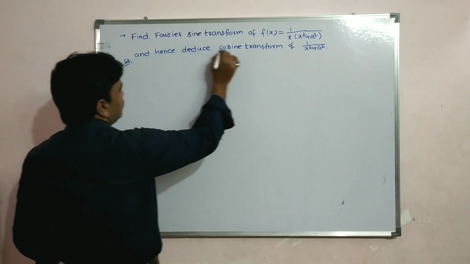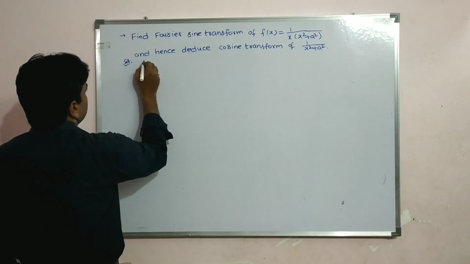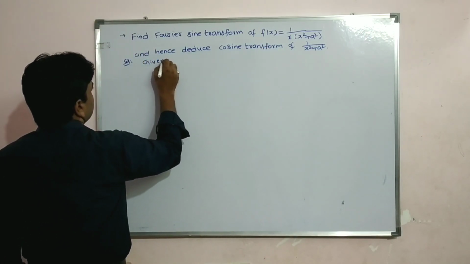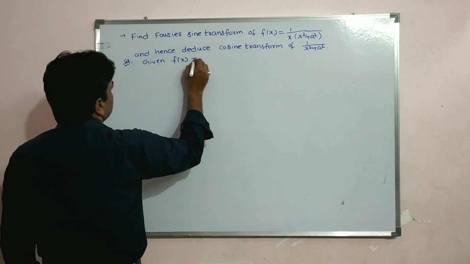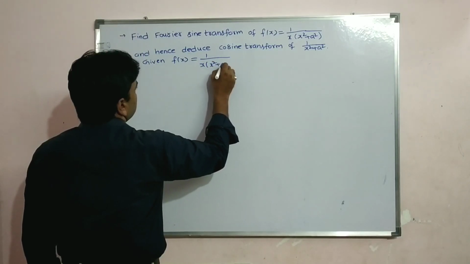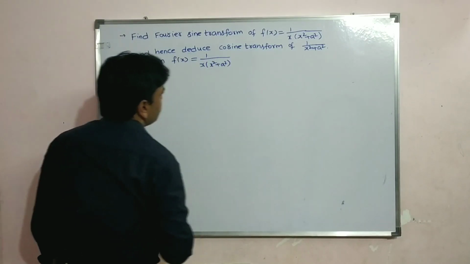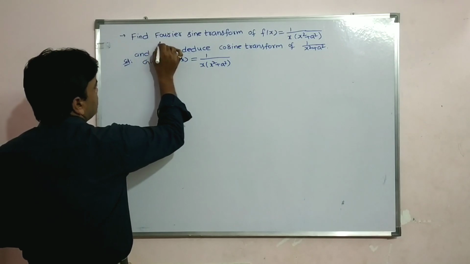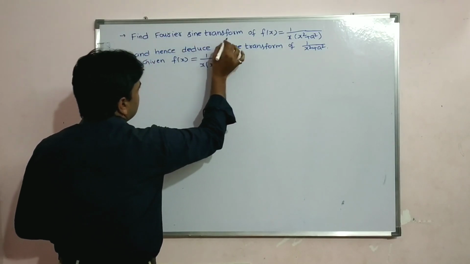What is the given function, students? Given f of x is equal to 1 by x into x square plus a square. Now what does it say? Find the Fourier sine transform.